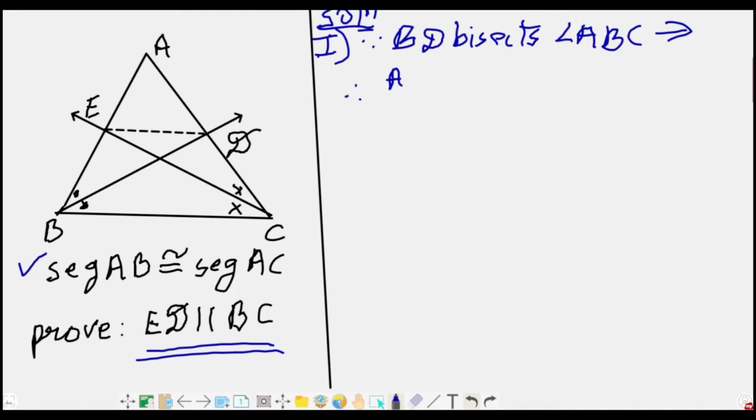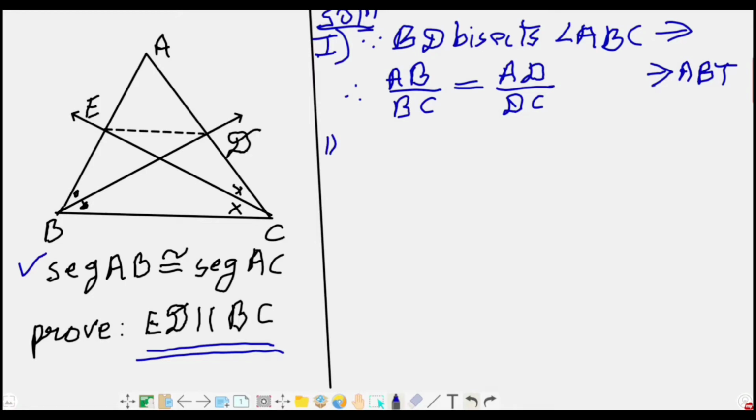So your AB upon BC, these are the two remaining sides. And the parts opposite to angle B are AD and DC. So that will be equal to AD by DC. This is your angle bisector theorem.